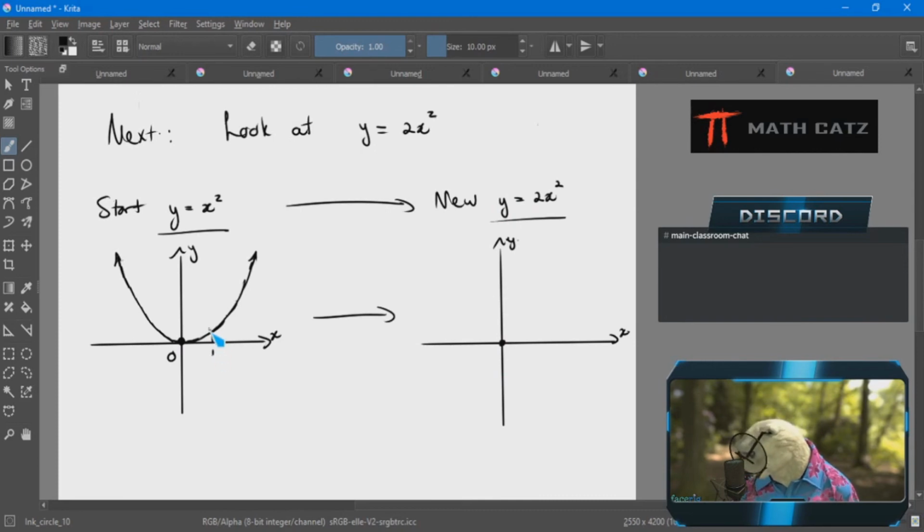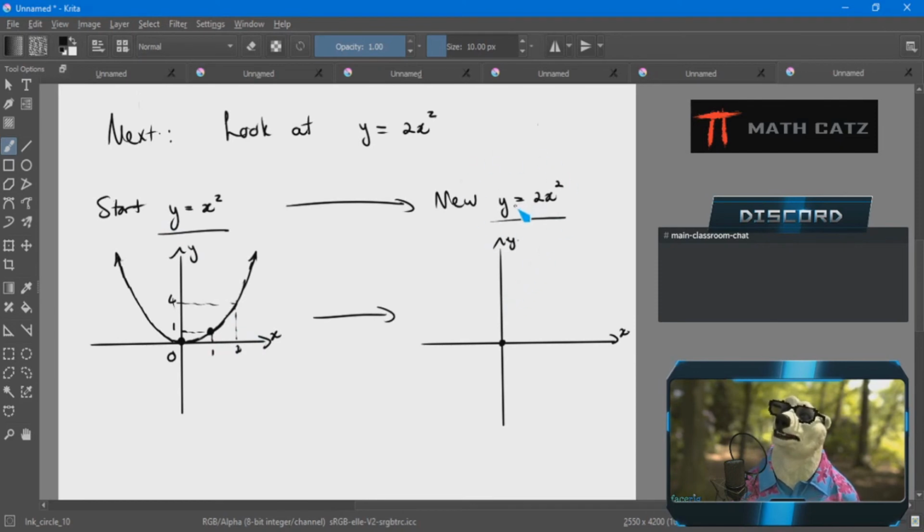Let's get some other points here. 1, 1, maybe a 2, 4. Let's take the 1, 1 point. And that might be enough. To get, in the original, a y value of 1, my x value needed to be 1 on the right side.